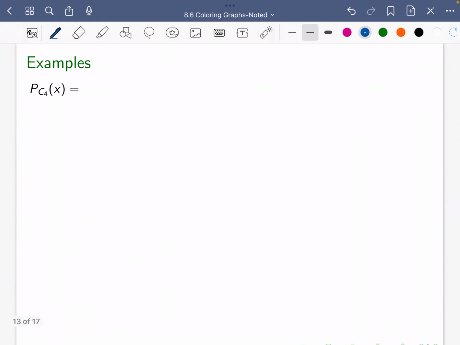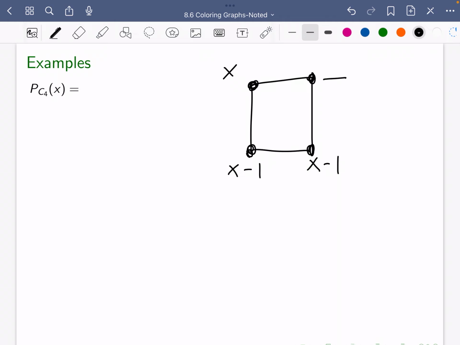So let's look at a cycle on 4 vertices. Here you have x options. Here you have x minus 1. Here we have x minus 1. And here, well, it might depend.